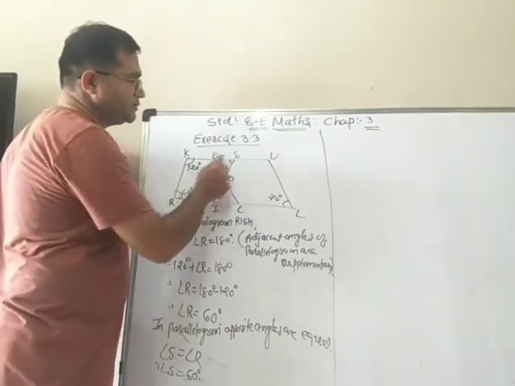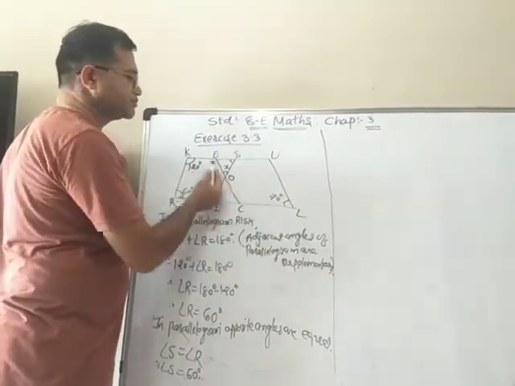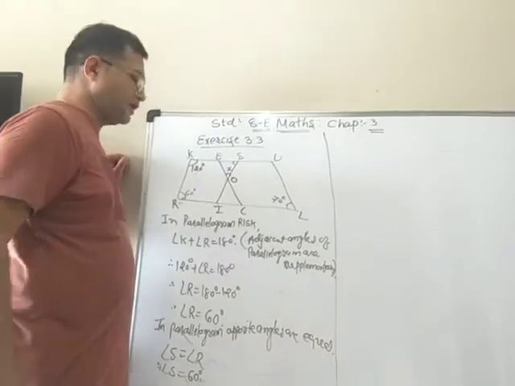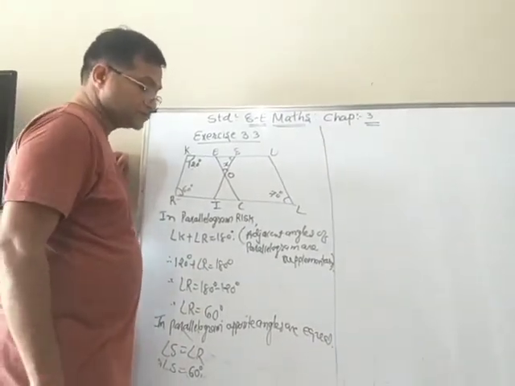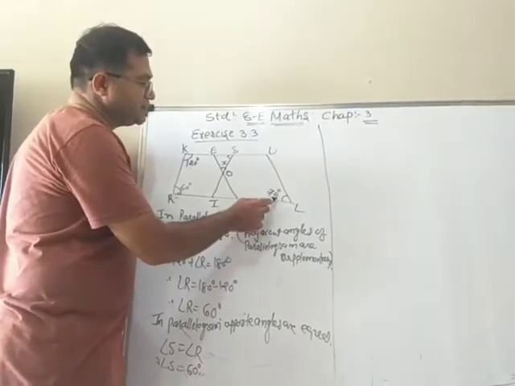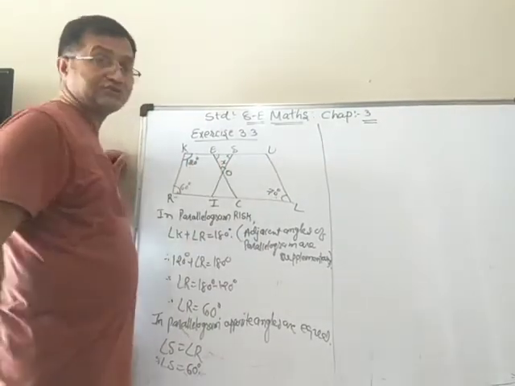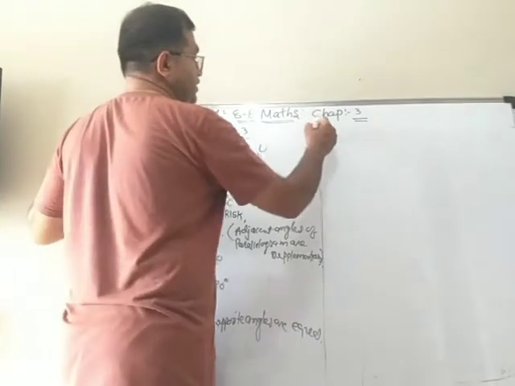Now similarly, we will do the same thing in this parallelogram. In this it is easier. Why? Because 70 is already given, so opposite angle that will be also 70. So now we have to take the other.